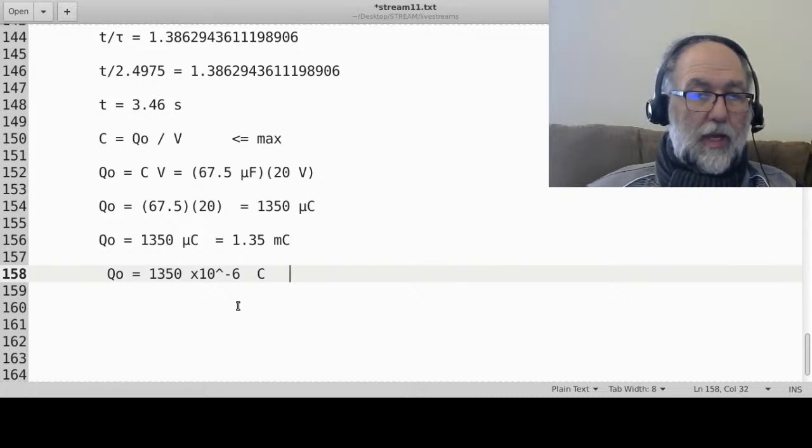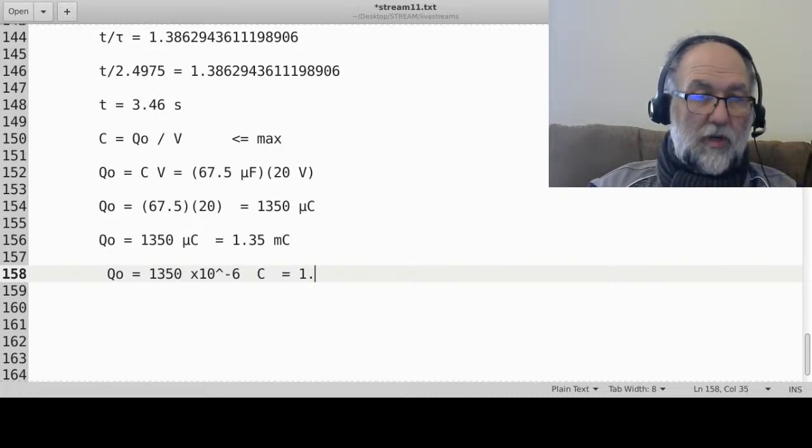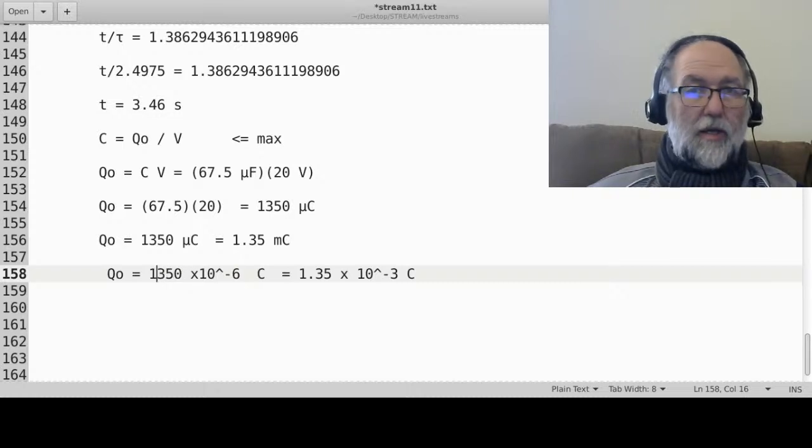If you do this on your calculator and it properly moves the decimal over, it'll be 1.35 times 10 to the negative 3 coulombs. Again, we're at -6 here, -5, -4, -3. So this is going to be times 10 to the negative 3. But 10 to the negative 3 is another name for milli.